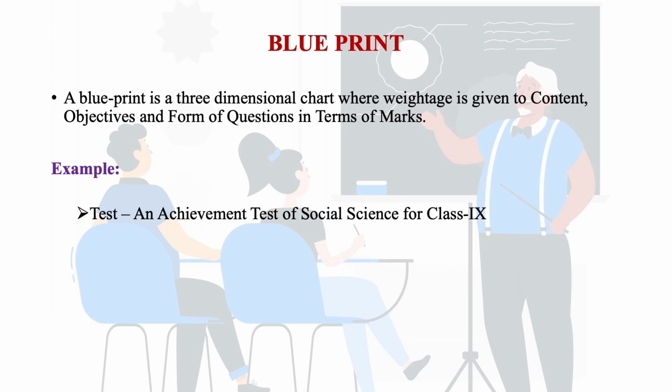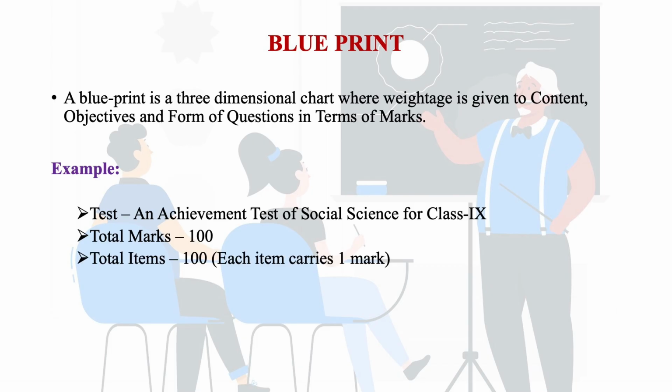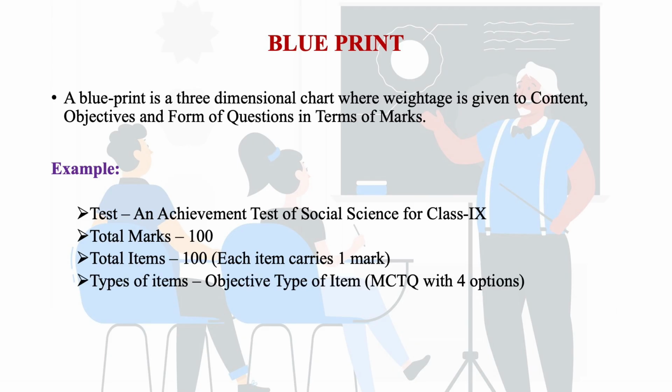As an example, take an achievement test of social science for class 9th students. The total mark of the test is 100, and the total number of items will also be 100, and each item carries 1 mark. The types of items are objective type, that is multiple choice questions with 4 options.